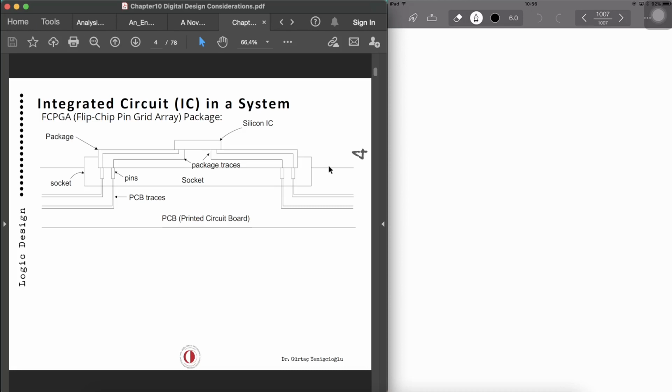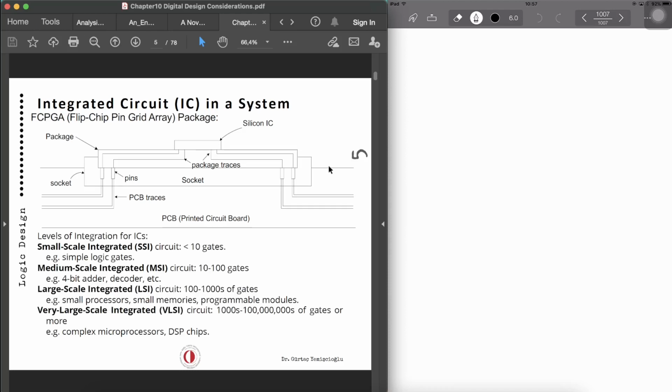Medium scale integration has 10 to 100 gates. Large scale integration can have 100 to 1,000 gates. And very large scale integration, which we are currently using in most of the microprocessors and microcontrollers, is 1,000 to 100 millions and billions of transistors or gates that we can fit.